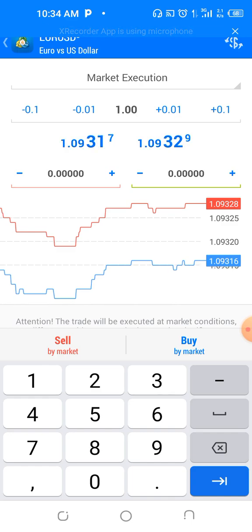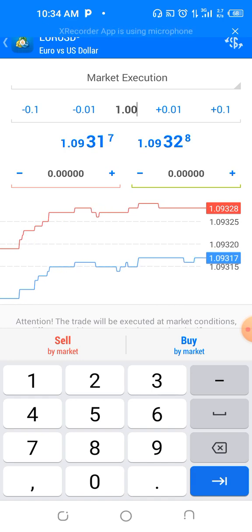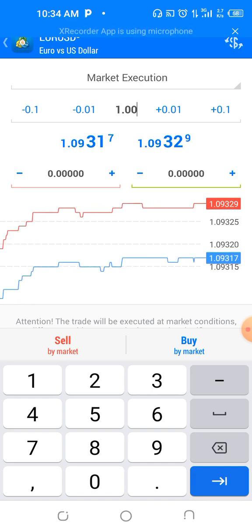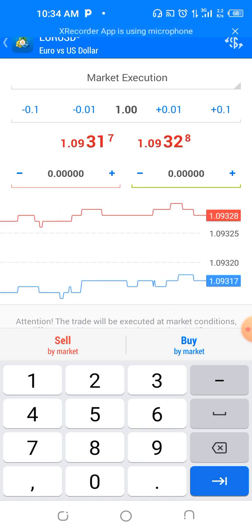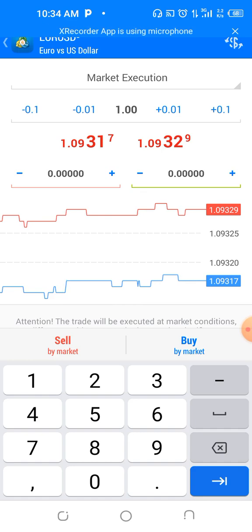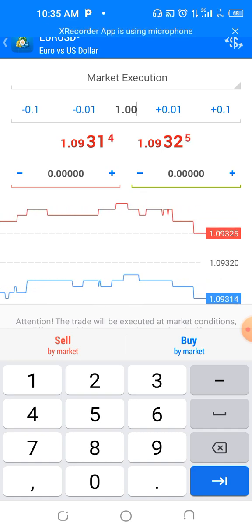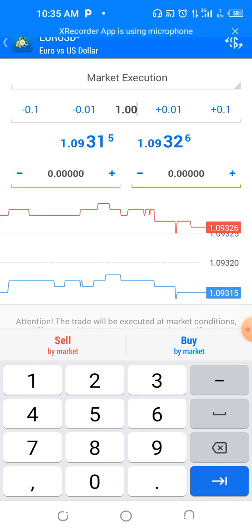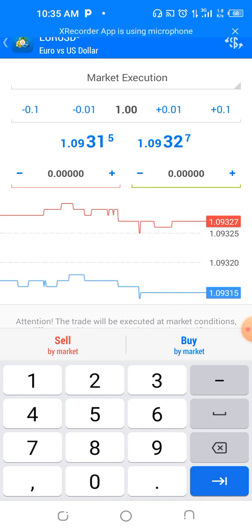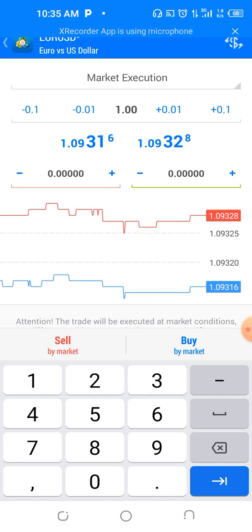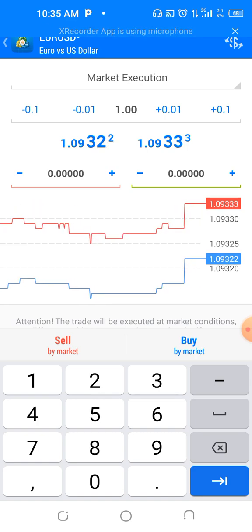I talked about trend, I talked about pips, and I also talked about price action. Now, before we end this particular video, I want to show you how to close a trade partially. I've taught in the previous videos how you can execute a trade and how you can modify the trade, but I remember I didn't talk about how you can close a trade partially.